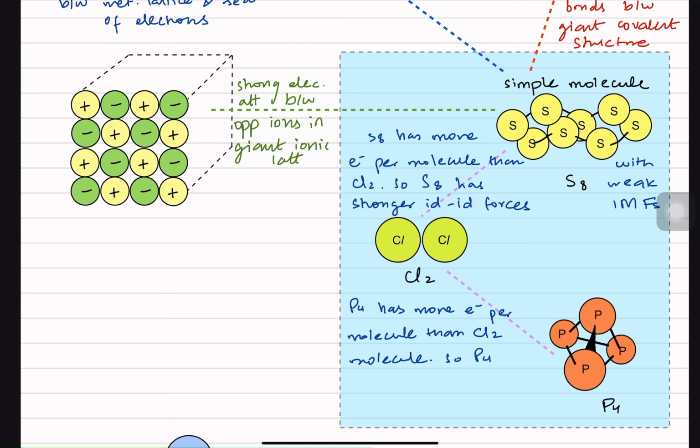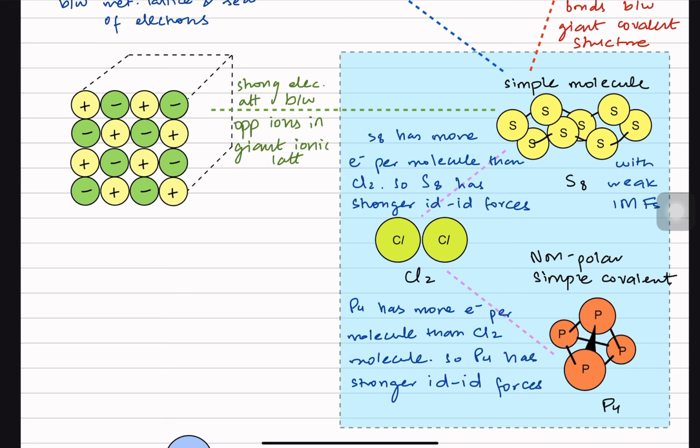So P4 has stronger ID forces because they are all non-polar simple covalent molecules.